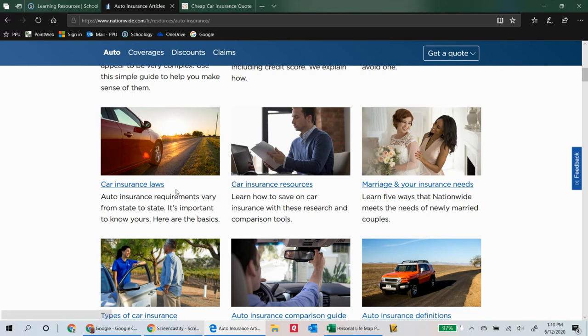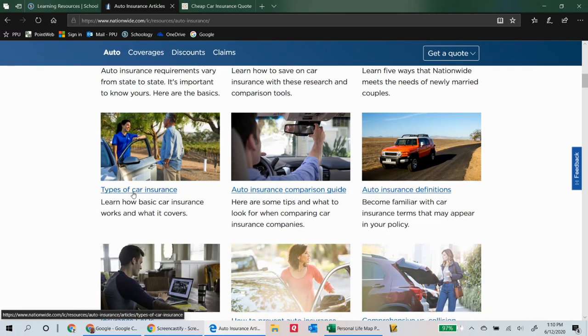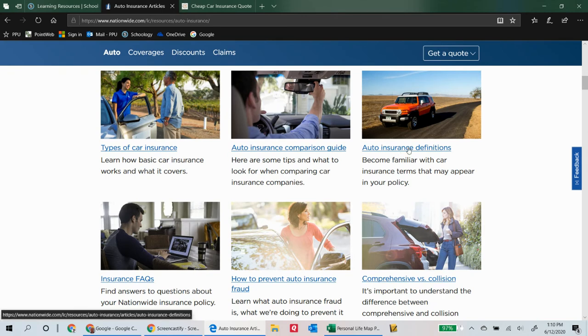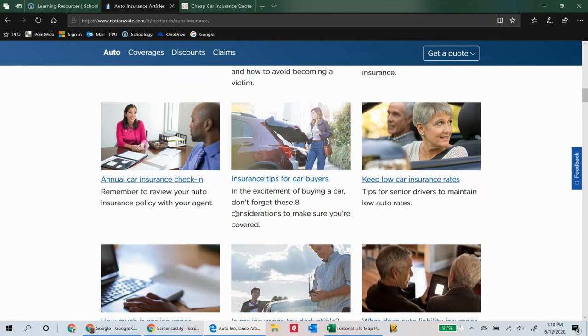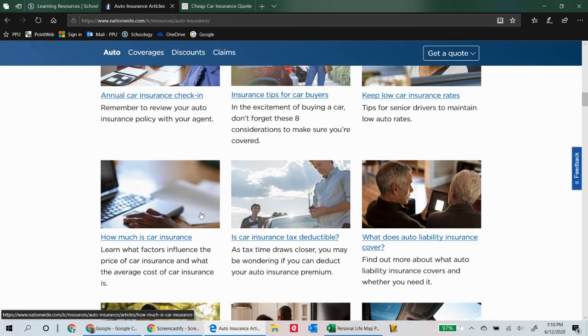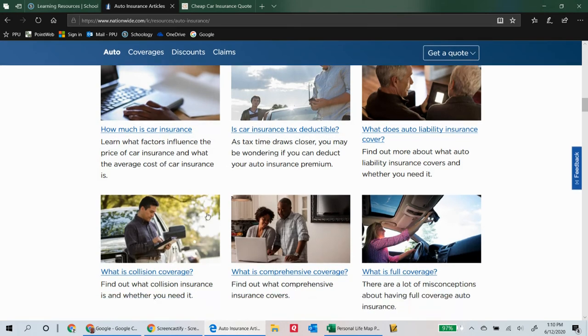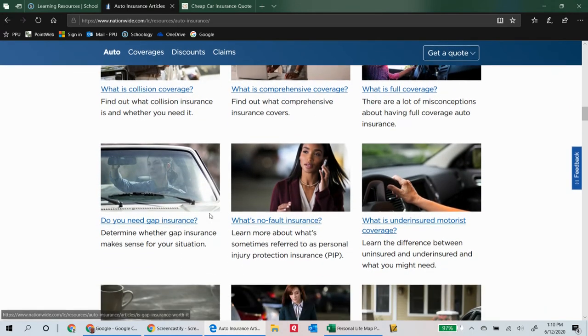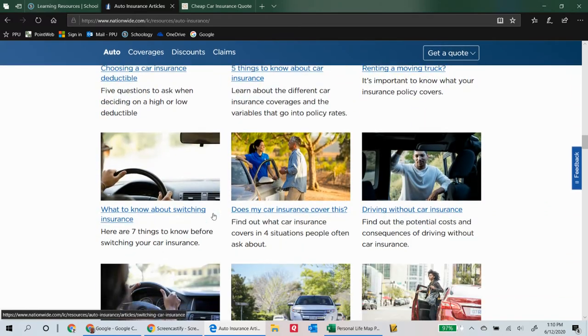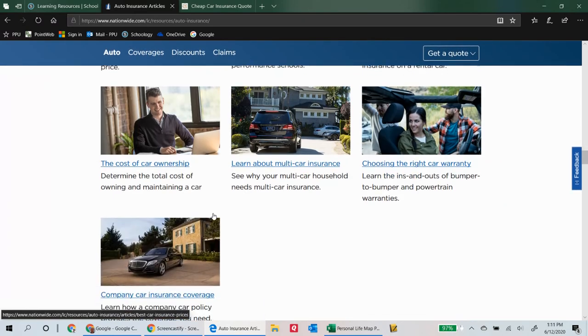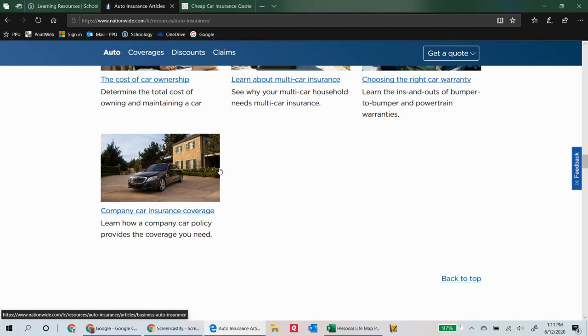The car insurance resources, car insurance laws, types of car insurance, how to compare auto insurance, definitions. This is all great stuff that you should go through and read. So I would encourage you to take a look at all of these things so that you better understand your car insurance.